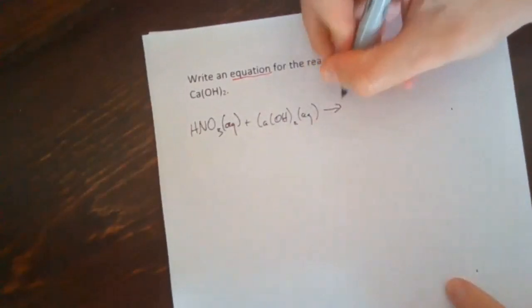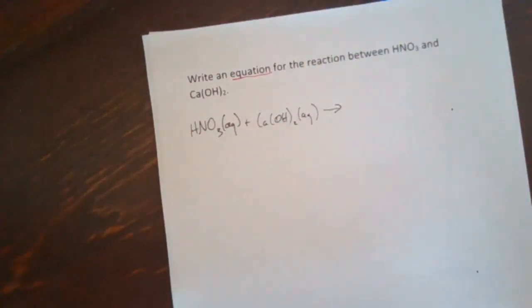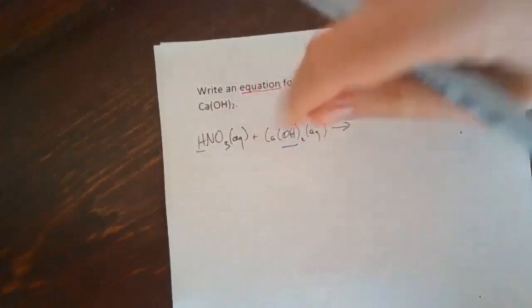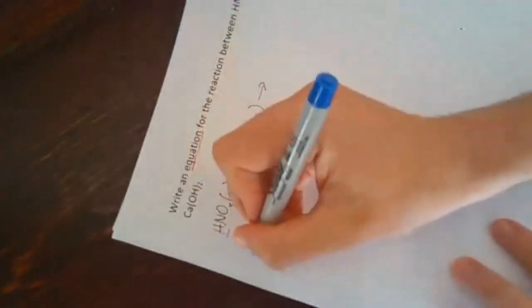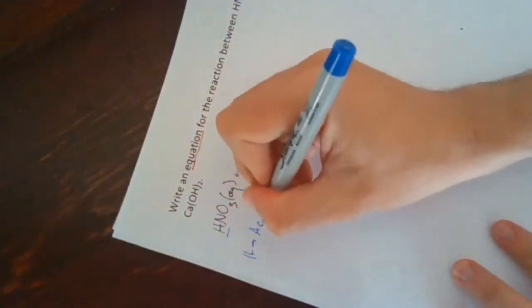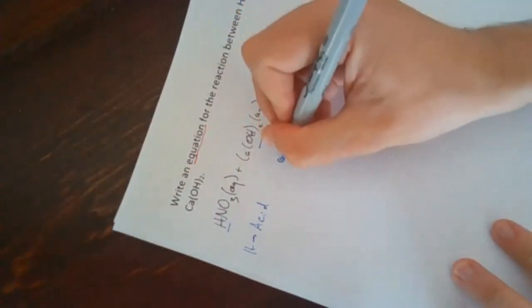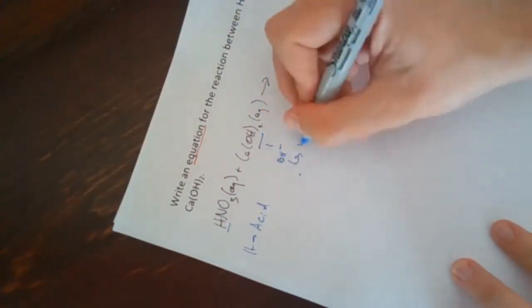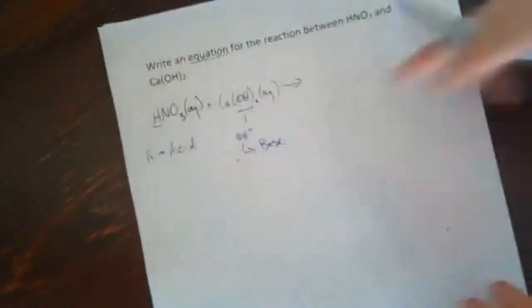So my question is, what are the products? When we're looking at these reactants, the things we want to key in on are the H and the OH. When we lead with an H, that means acid. When we see OH, that's OH-, and that means this thing is a base.